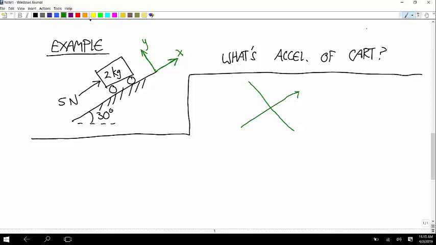Okay, there's the y-axis, there's the x-axis, and the weight force is straight down. The magnitude of that weight force is 2 times 9.81, so 19.62.